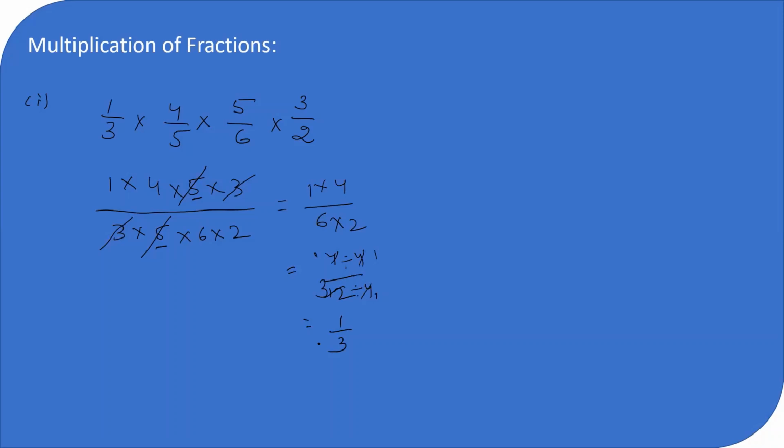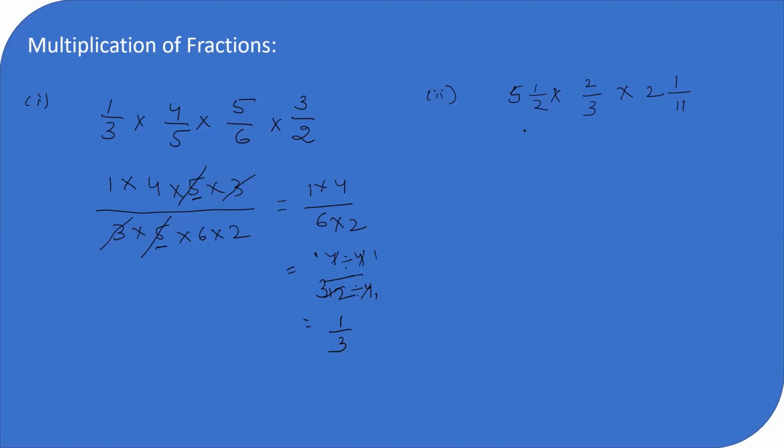So how to multiply a mixed fraction? 5 1 by 2 is a mixed fraction, into 2 by 3, into 2 1 by 11. Mixed fraction.